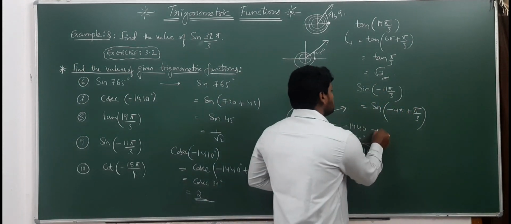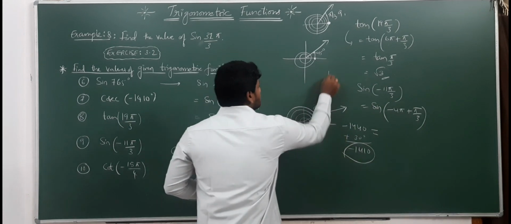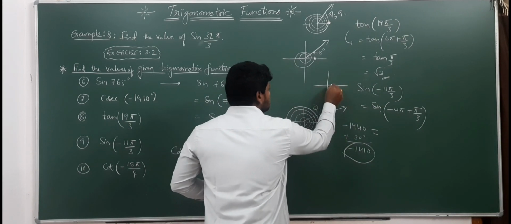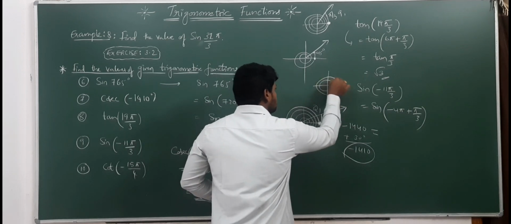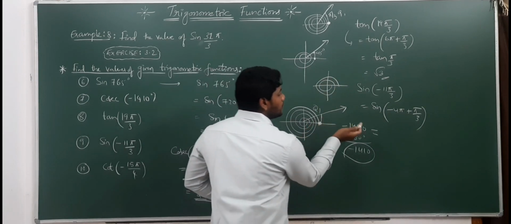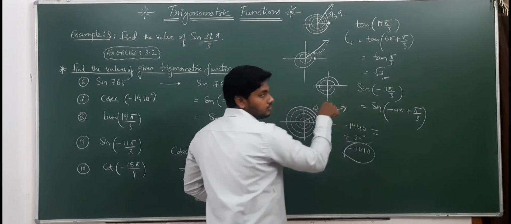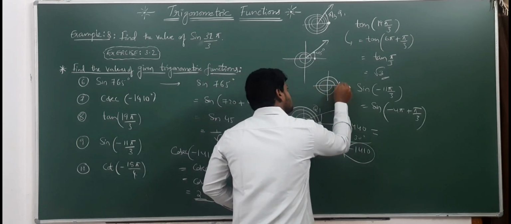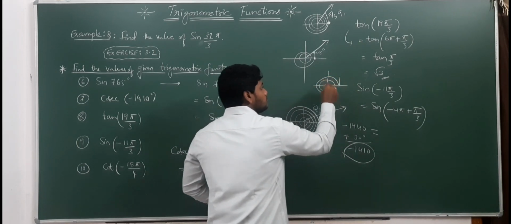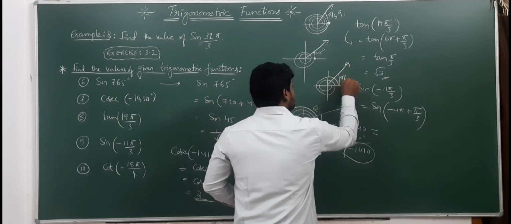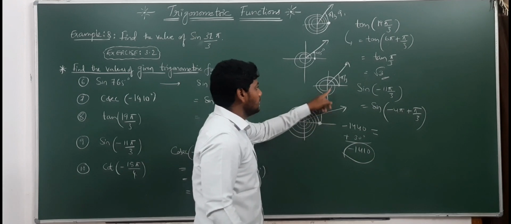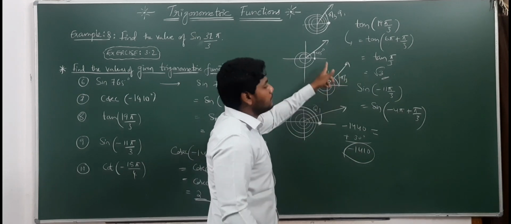See here, in the clockwise direction, this is minus 2 pi, minus 3 pi, minus 4 pi. Minus 4 pi plus means in the positive direction, this is pi by 3. You understand? Minus 4 pi, 2 pi again, 4 pi plus pi by 3.